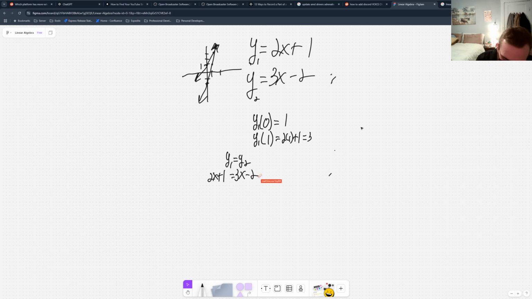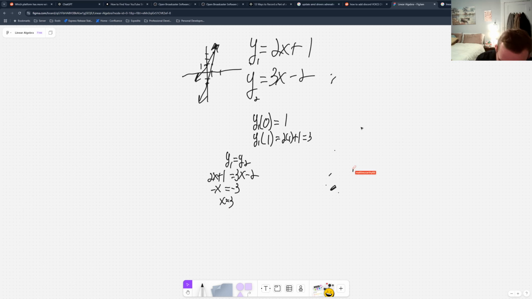So where the y's are the same, these are the values that the x's need to be. And so then if we subtract the 3x from here, we'd have negative x. And then subtract the 1 from over here is negative 3, right? And then x would be equal to 3.